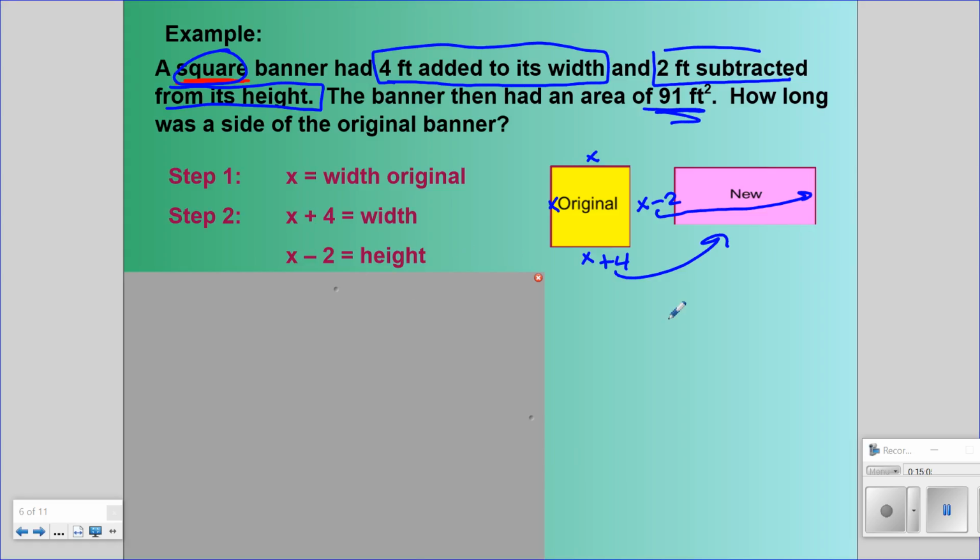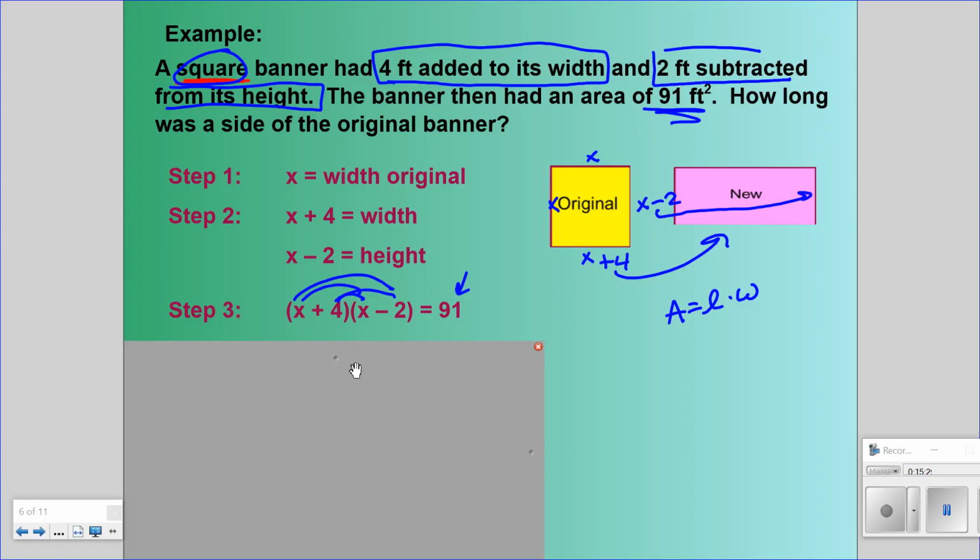So again, area of a rectangle is length times width, and we'll replace the length, or in this case the height, however they're referring to it here, base times height, as x plus 4 times x minus 2 equal to the area. So from here, we will solve for x, which means we need to multiply everything out on the left side to simplify first.